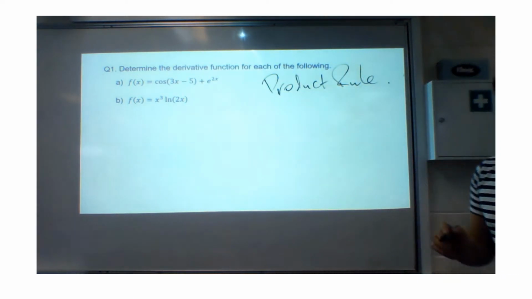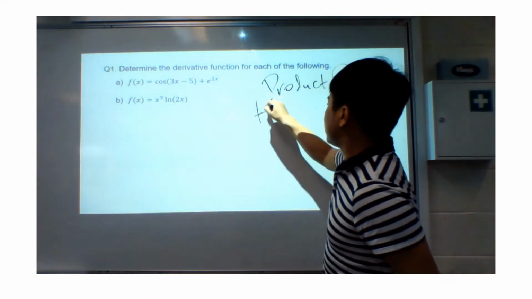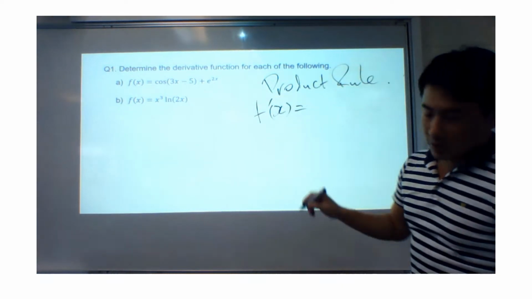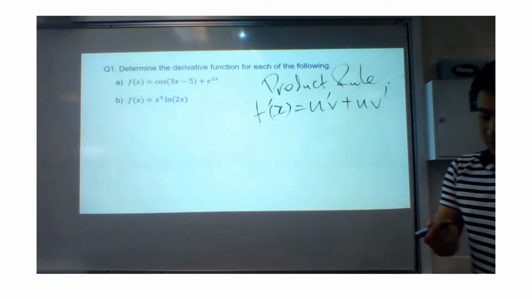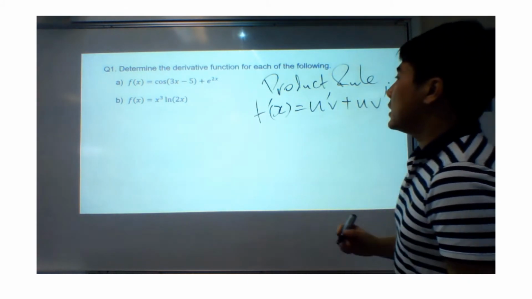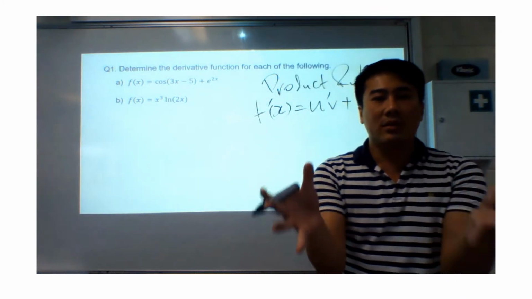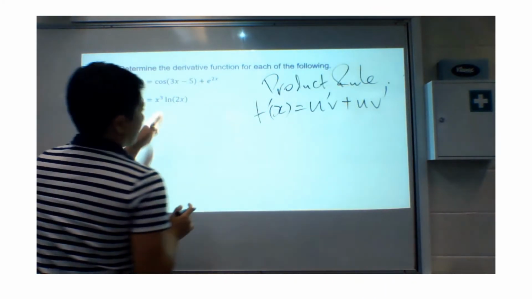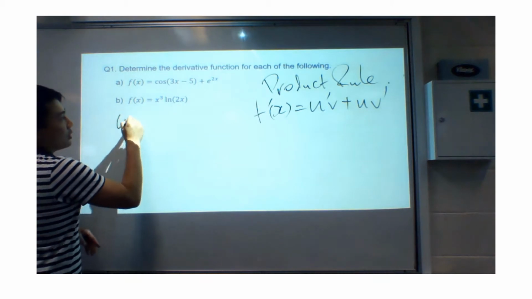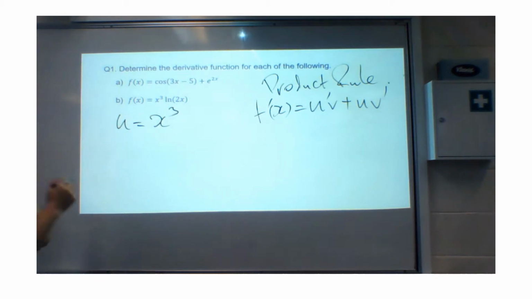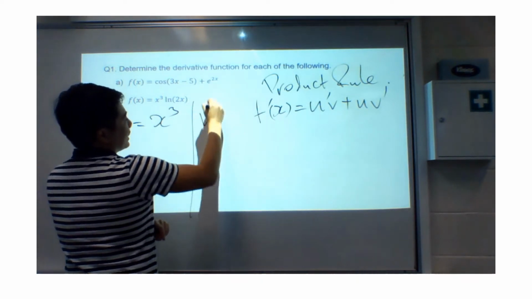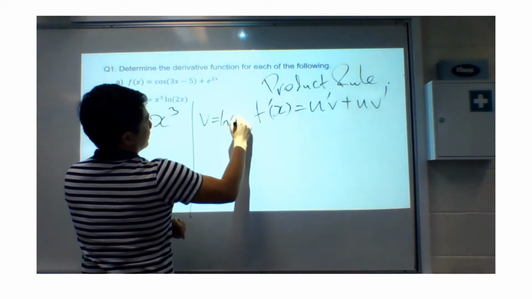Okay? So f dash x would equal u dash v plus u v dash. Okay, I wrote too hard on this pen. So, the easy way to demonstrate your understanding would be, let's call u x to the power of 3, and then we're going to call v equals ln 2x.